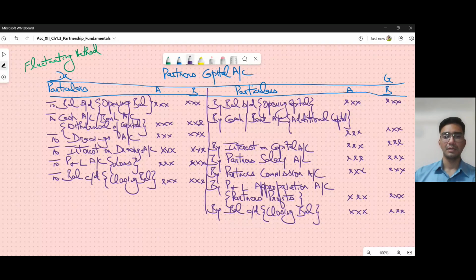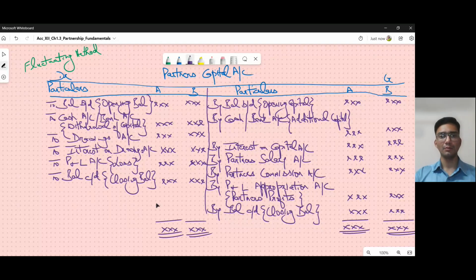All right, now let's put the last line of this account on the two sides, and we see that this is the complete partner's capital account according to the fluctuating method. So if we have a question to prepare a partner's capital account according to the fluctuating method, we know this is going to be the format, what we are seeing on screen right now.